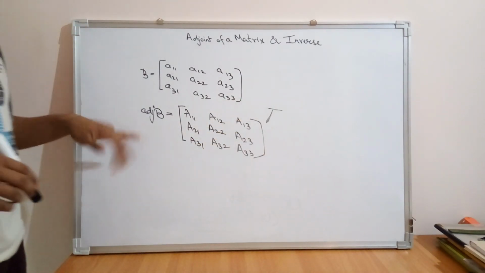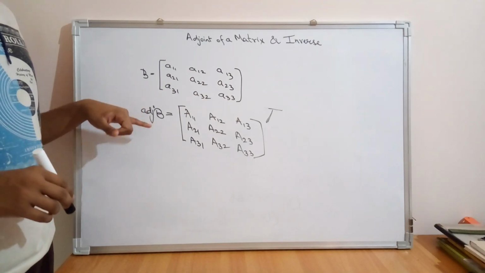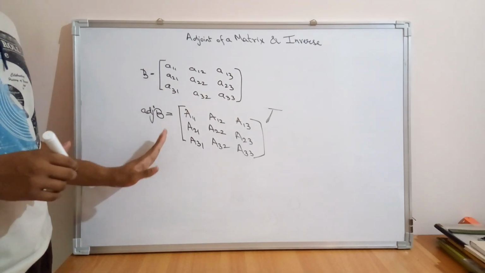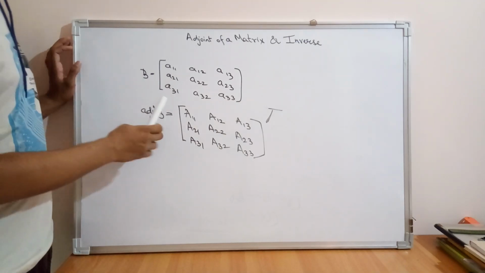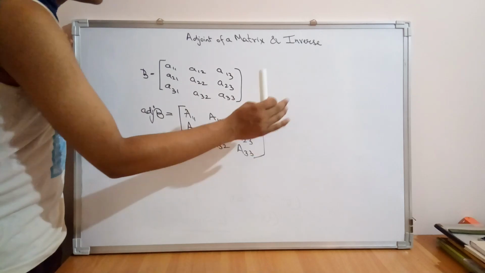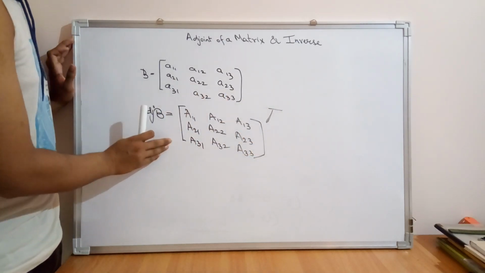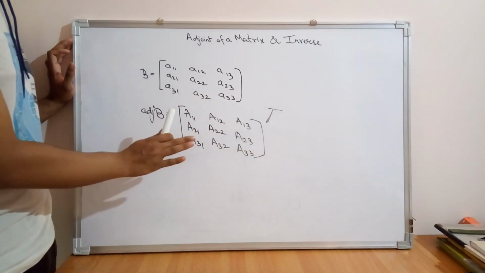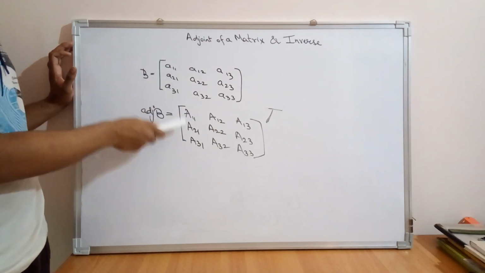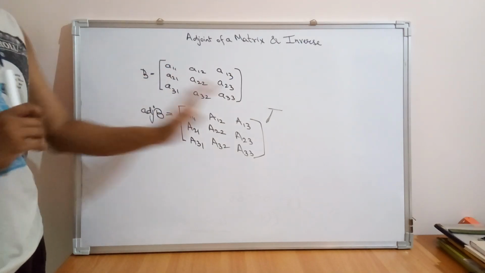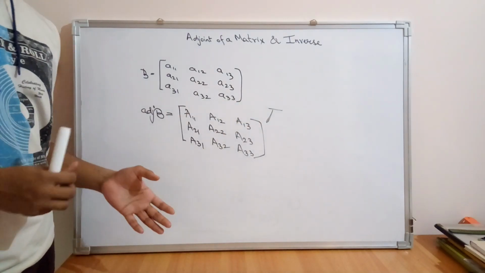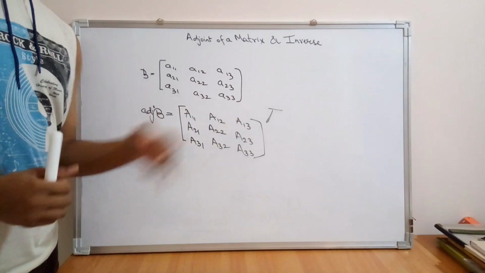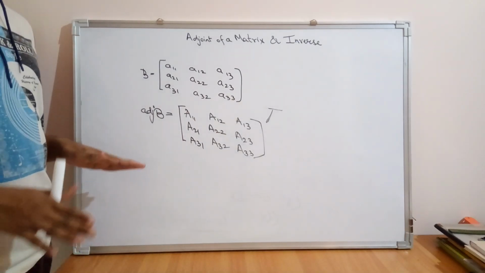So what is the definition? The adjoint of a matrix is a matrix that is the transpose of the matrix containing the particular cofactors of that element. Here 1 1, here 1 1. The transpose is very important when it comes to solving the question. Many of us just miss this transpose and land up in very wrong answers.